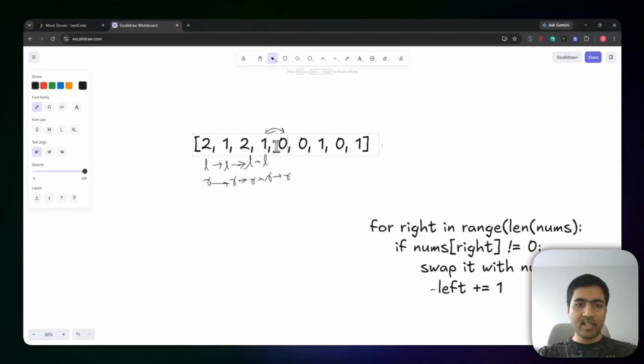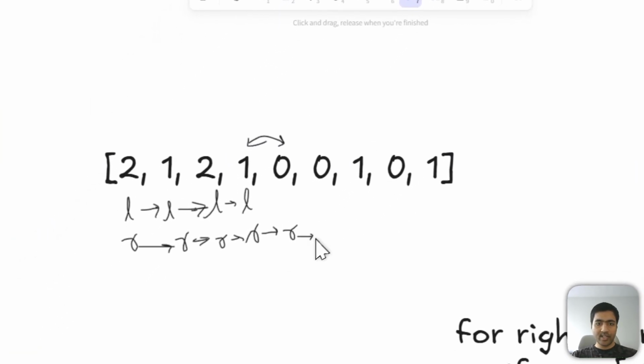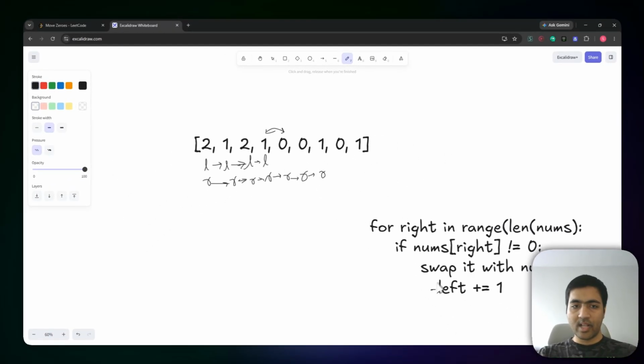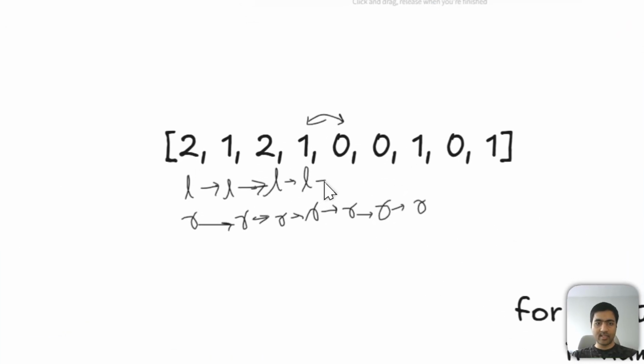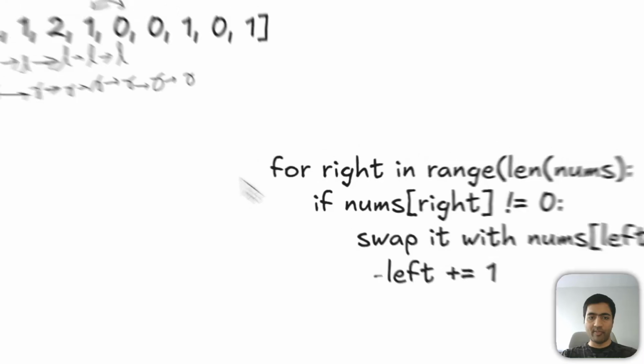As you can see, the zeros will always get pushed to the end, at the last index. Now moving on, R moves ahead. Now we have a 0, nothing happens, and again R moves ahead. We have a non-zero here. I forgot to update this L value here. After swapping, L always updates by one.